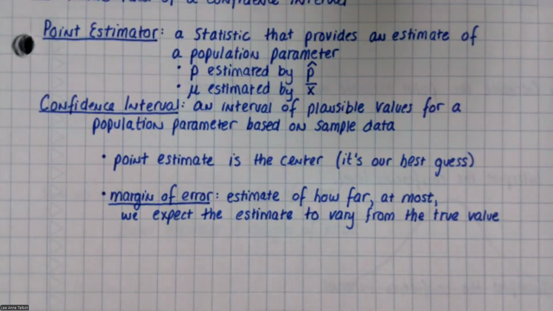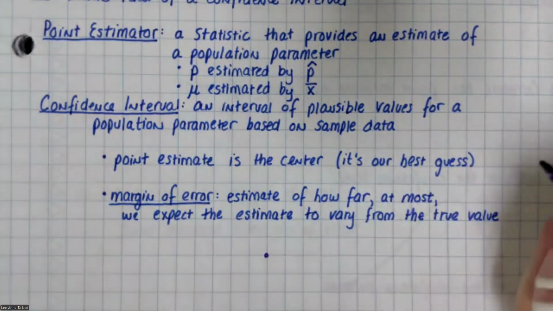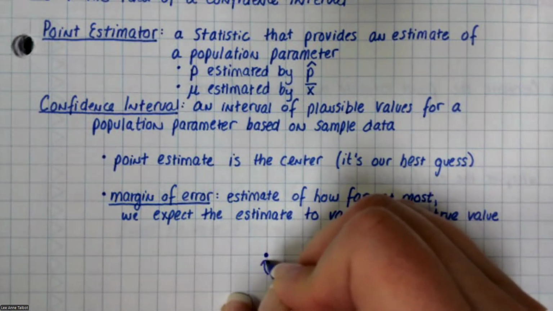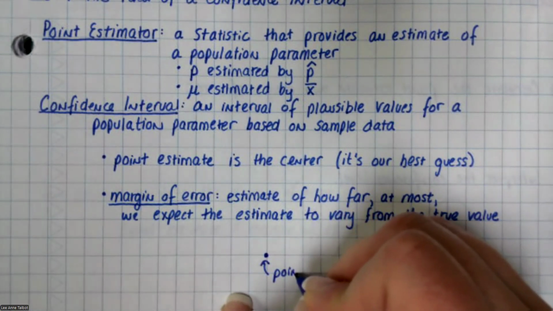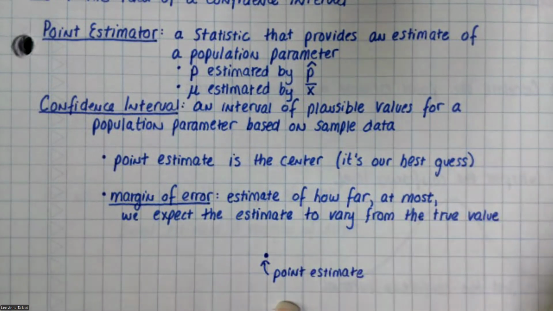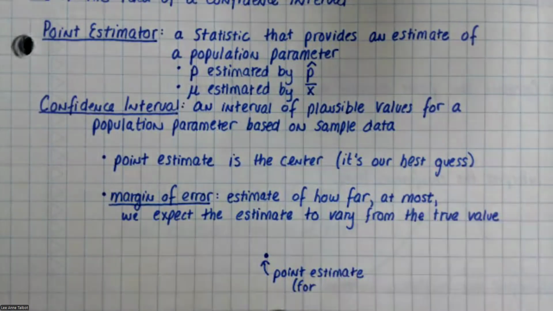Okay. So we're going to draw a picture of a confidence interval. And in the middle is going to be a dot, and that's going to be your point estimate. And you're going to get that from a sample. I just wrote that wrong. I was gonna write form instead of from.